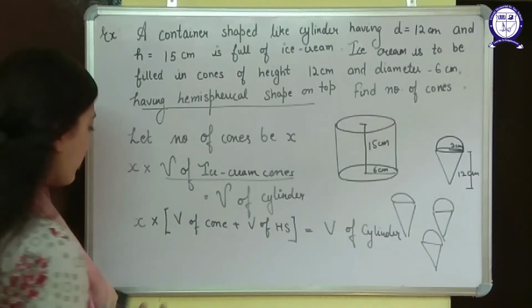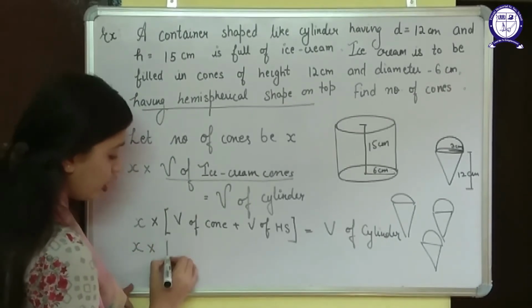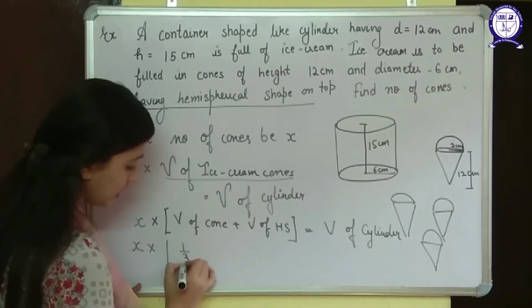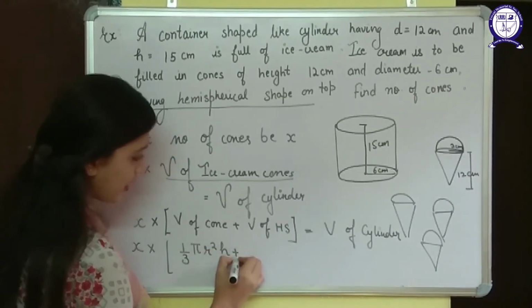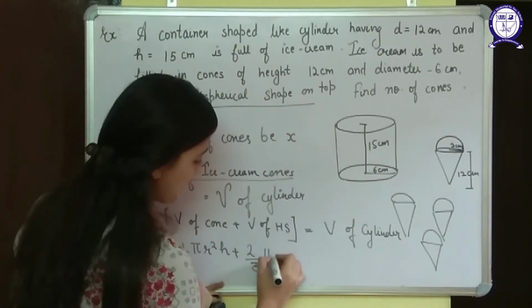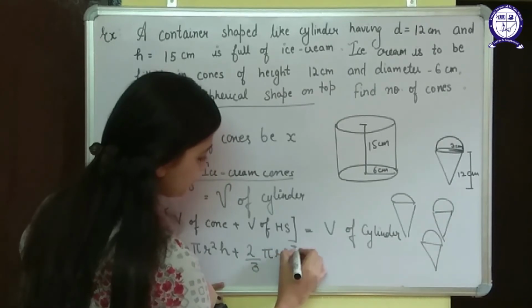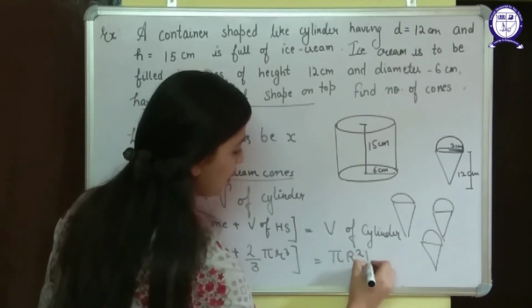Now let's put the formulas. This is x, which I need to find. Volume of cone is 1 upon 3 pi r square h plus volume of hemisphere 2 upon 3 pi r cube, and this is pi r square H.